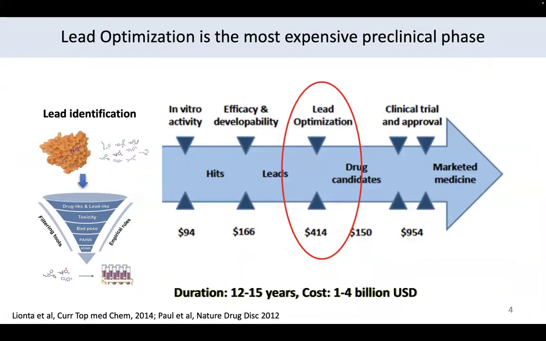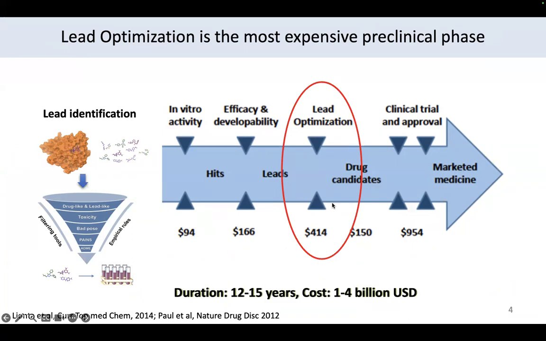Why am I talking about lead optimization first? Because lead optimization is the most costly preclinical phase. If you look at the diagram timeline of the preclinical drug design and drug development, you see that lead optimization is the most expensive phase.